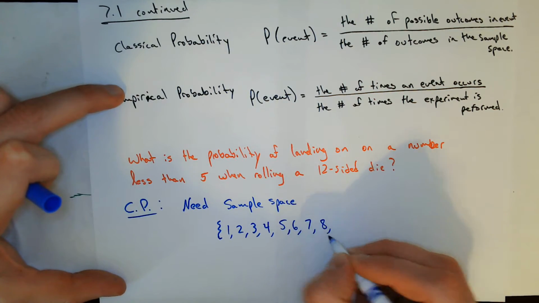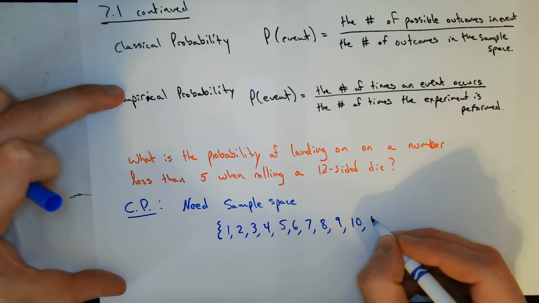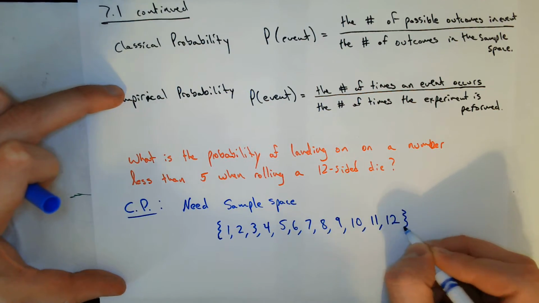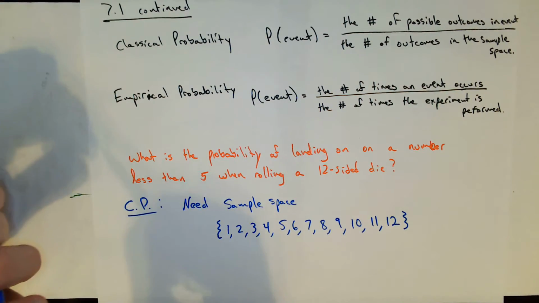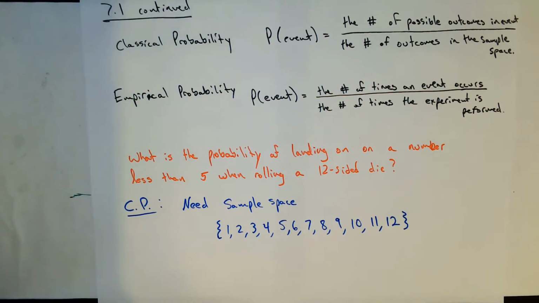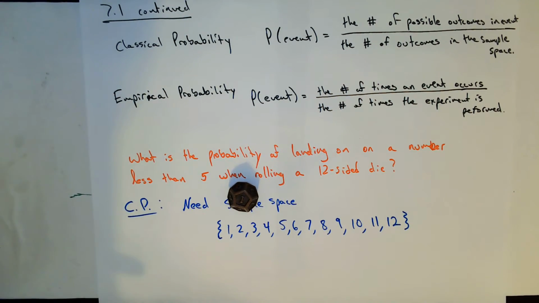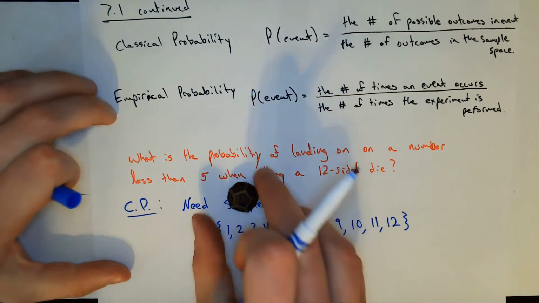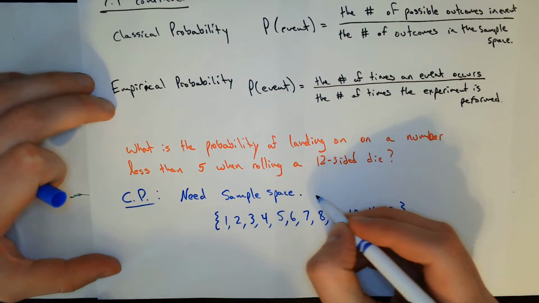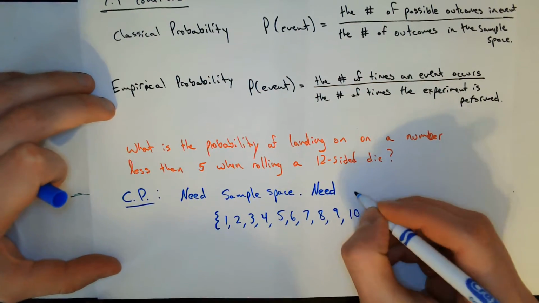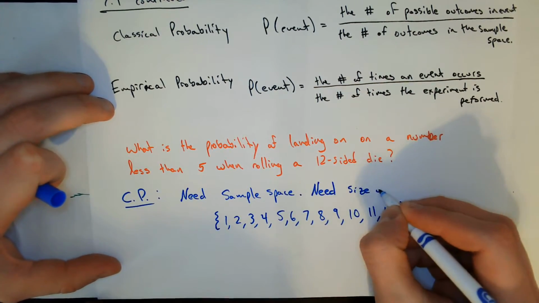You're probably thinking it doesn't really matter too much, and I agree, so that is my sample space. Just keep in mind that it's not a set of numbers, it's a set of different possibilities for this die. Now I need the size of the sample space, but that's easy.